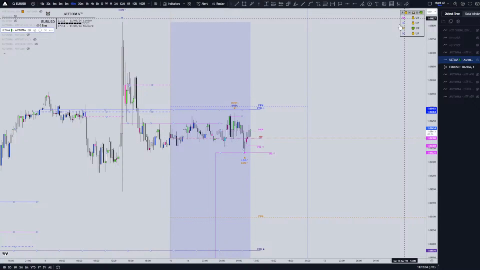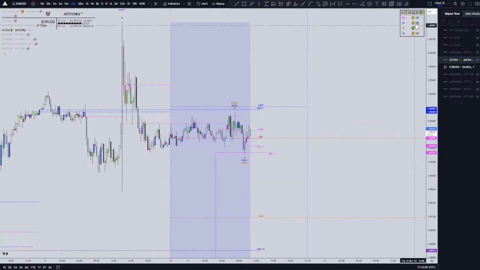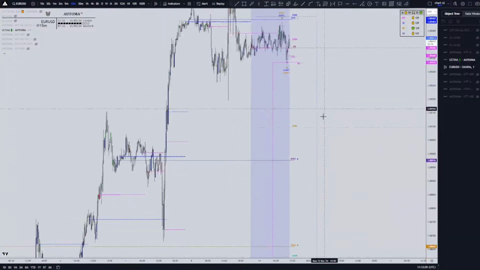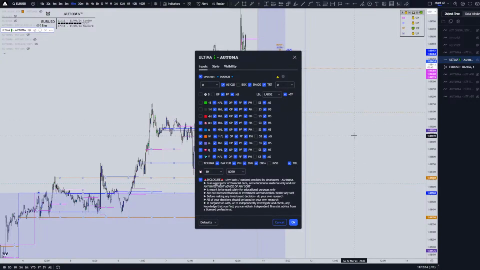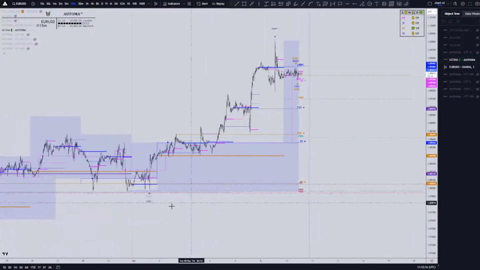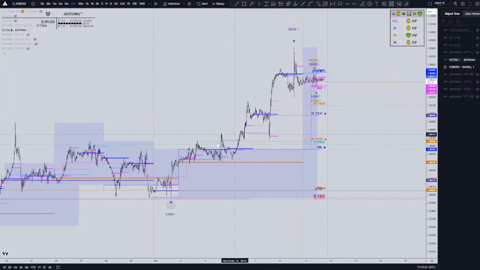So weekly is having a bullish trend. So where was the last weekly breakout? As you can see, this is the market structure's cloud, so that was the daily's breakout.